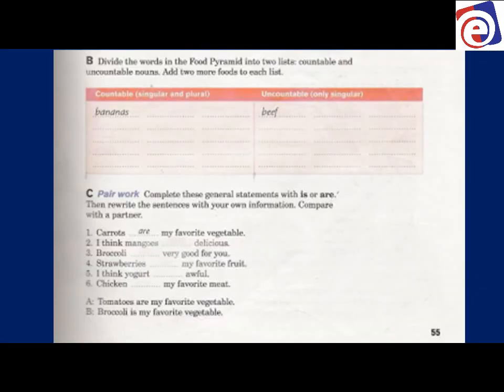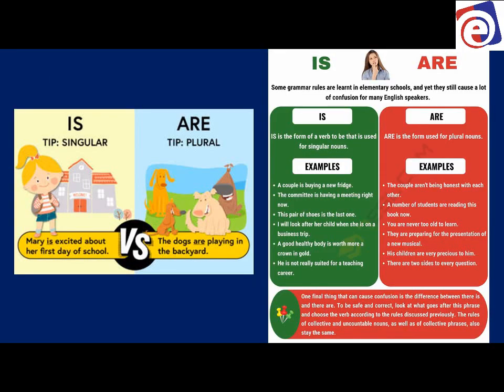All right. So if we look at the lesson again, it says, complete these general statements with is or are. Then rewrite the sentence with your own information. Okay, is and are. So look at the slide. Is is for singular. Are is for plural.